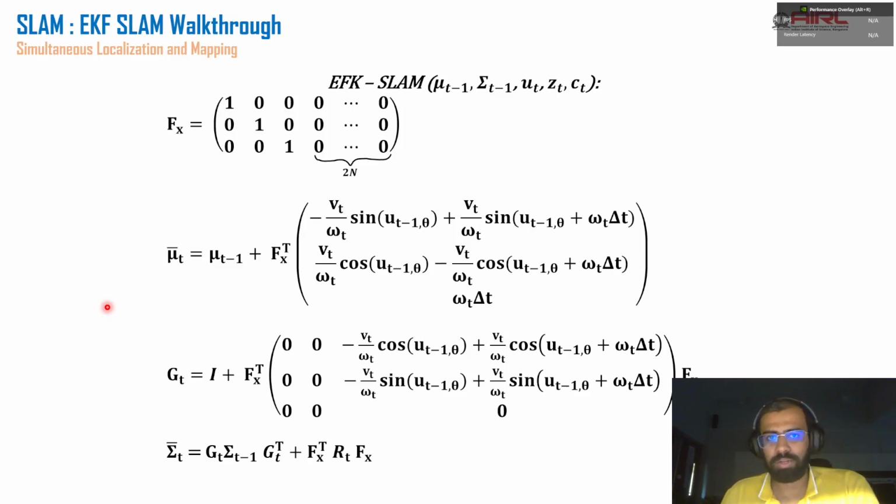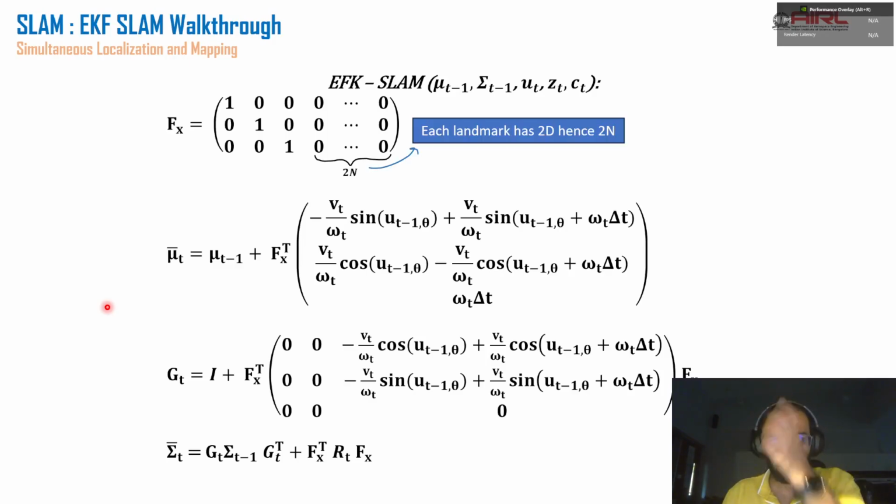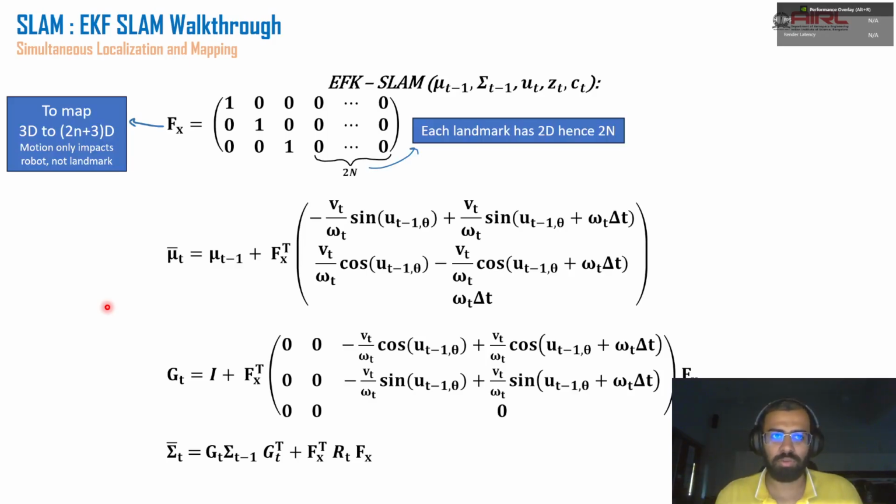Before we do that, I first have to take the prediction step, right? To take my prediction step, I need to only update my robot's position, not my landmarks' positions. To do that, I'm going to use this Fx term. What this Fx term does is make sure that motion only impacts the robot, not the landmarks.